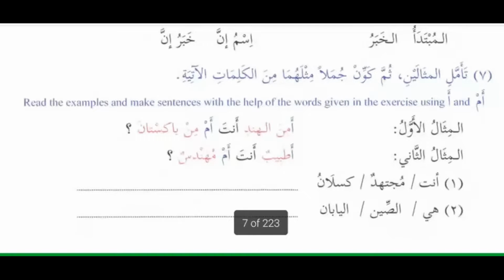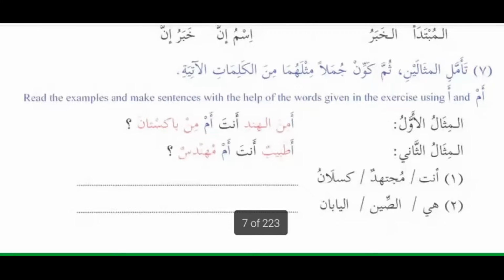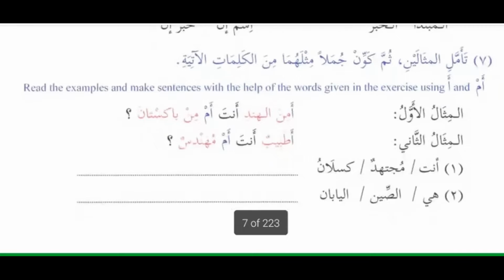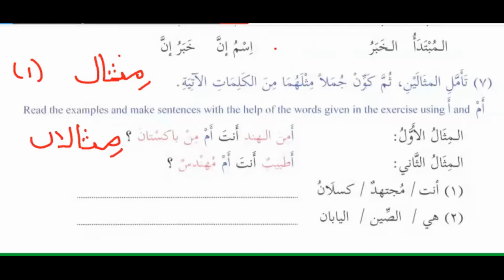So we have misal. It means one example. Now if I have two misal, I will say misalani, but here you can see misalaini.